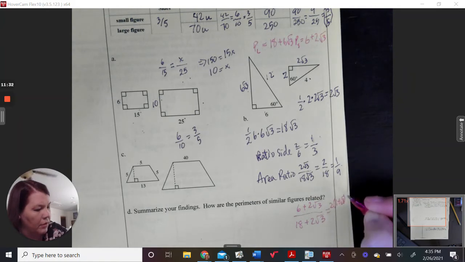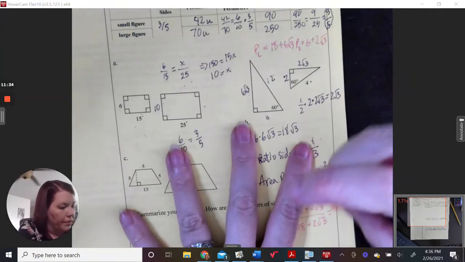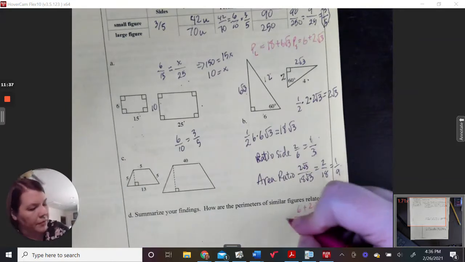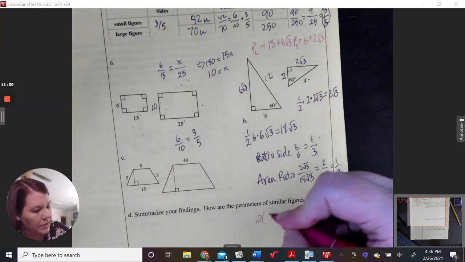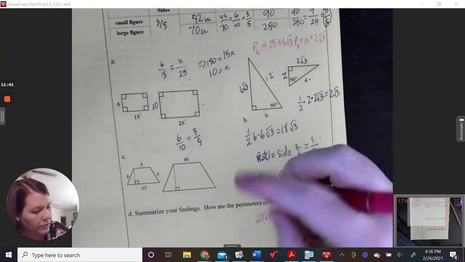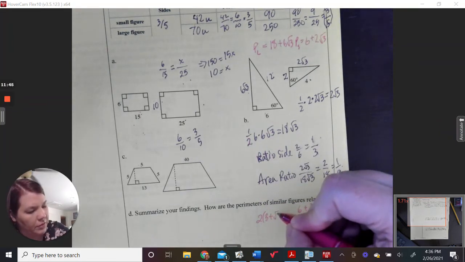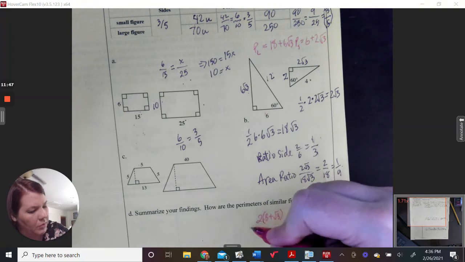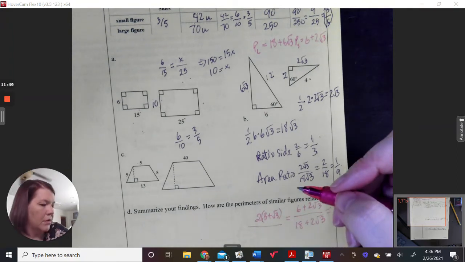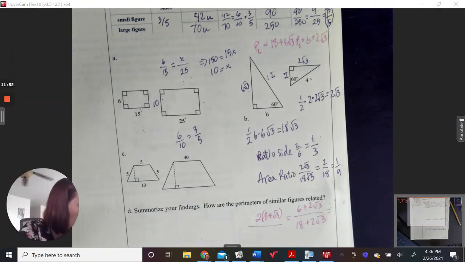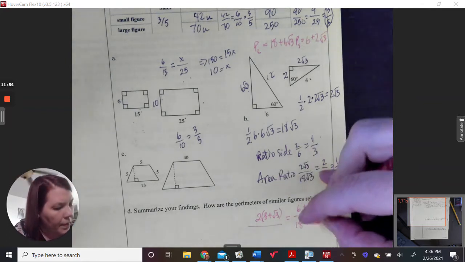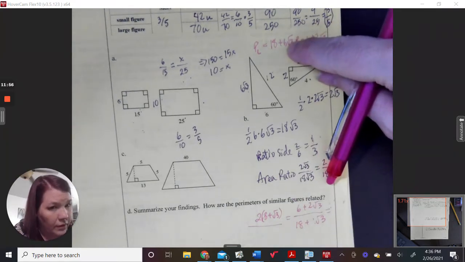Down here, I'm also going to factor out 6. 6 goes into 18, 3 plus radical 3. So those cancel out, thank goodness, and I'm left with 1/3. Huh, same, interesting.